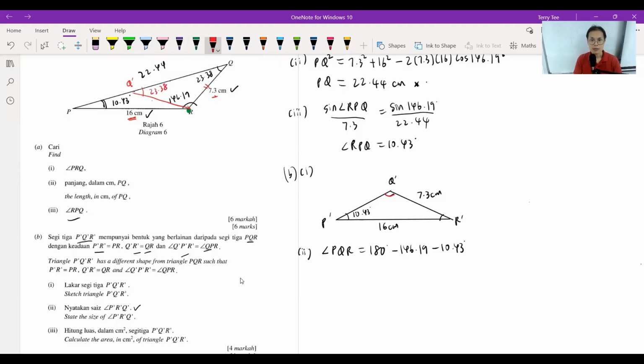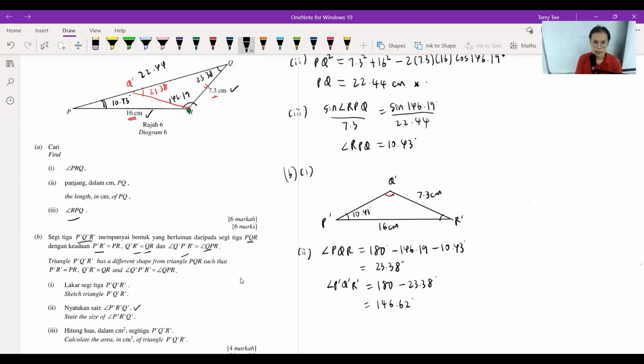So how about this angle here, PQR? Just now I calculated 23.38. My P'Q'R' is 180 minus 23.38. That will be 146.62.